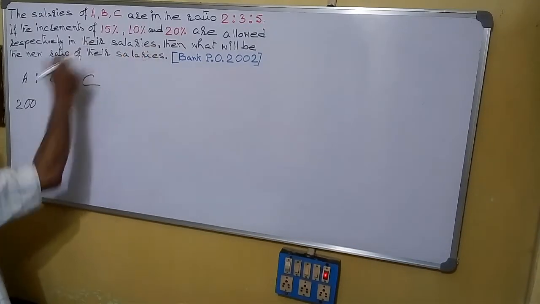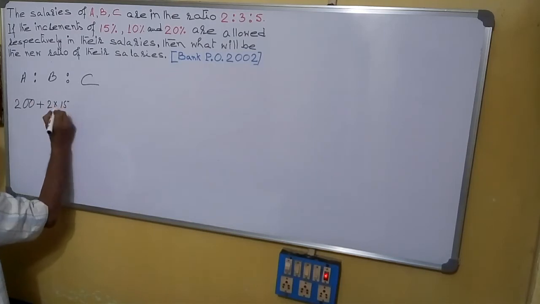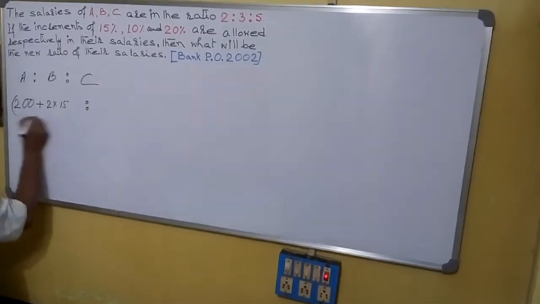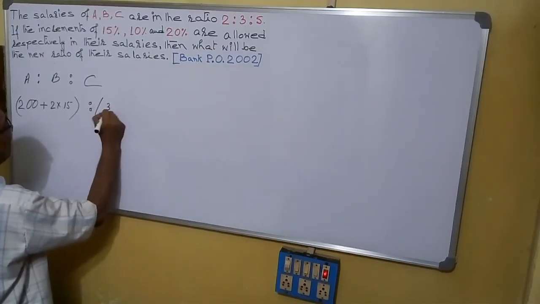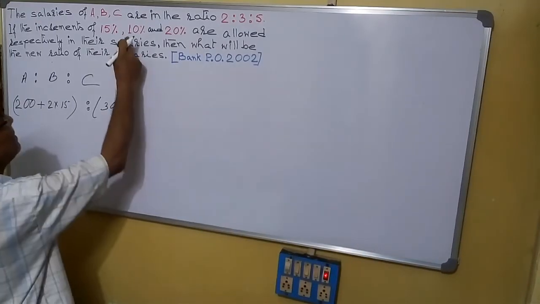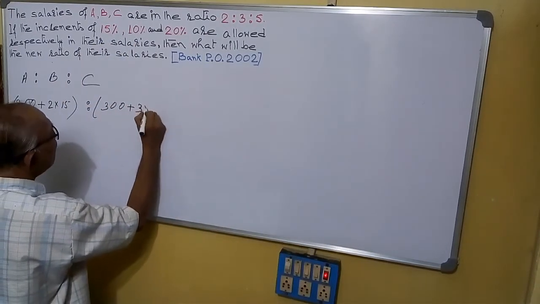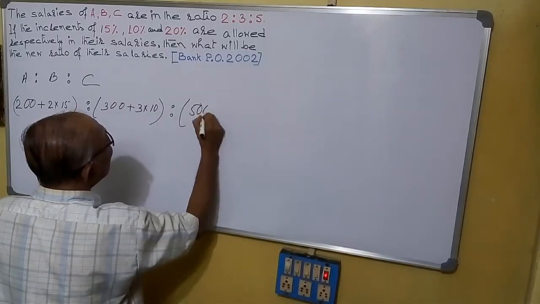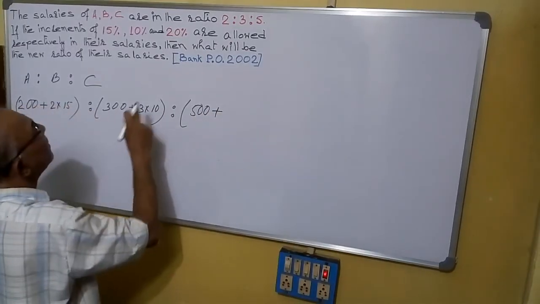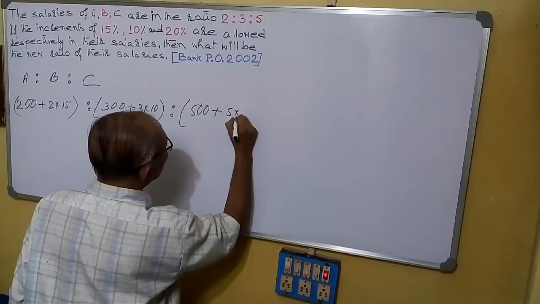For 200 rupees, 2 into 15 plus 2 into 100, this is for A. For B it was 300 and the increment is 10%, that means plus 3 into 10. For C it was 500 and the increment is 20%, plus 5 into 20.